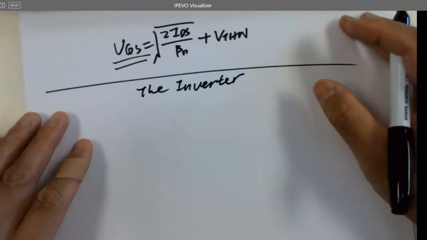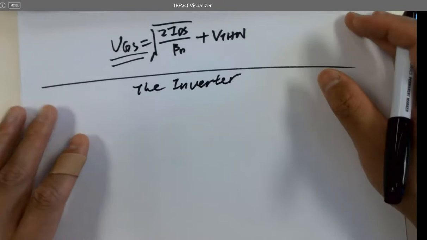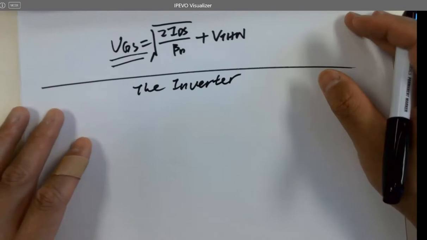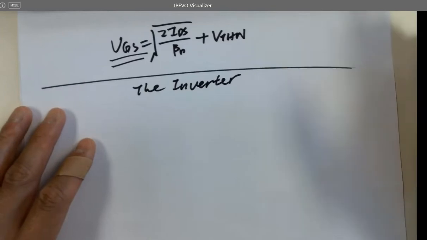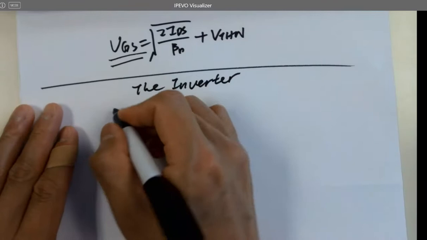Why do we put PMOS on the top and NMOS at the bottom? You did a lab yesterday. Yeah, but why? It's called complementary MOS, right?